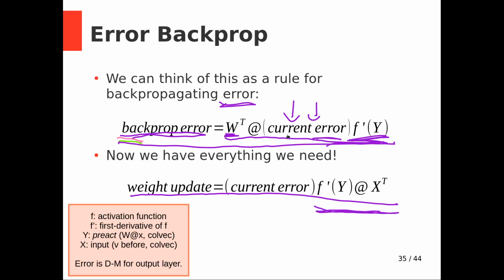So we take the error, compute the weight update for the layer we're on, then use this rule to transform the error into a backpropagation error, and apply the same weight update, but with the backprop error rather than the top error.